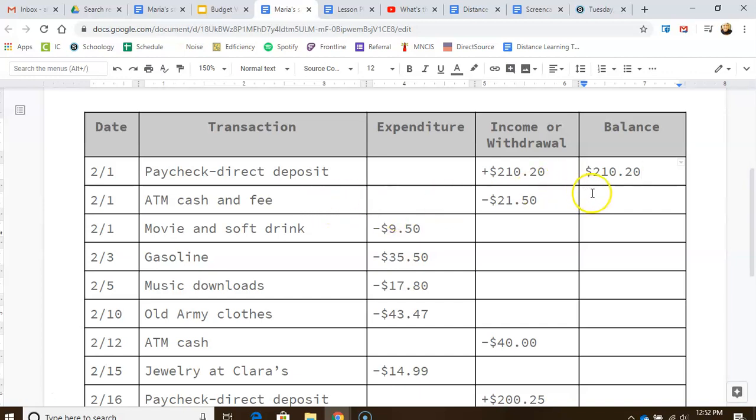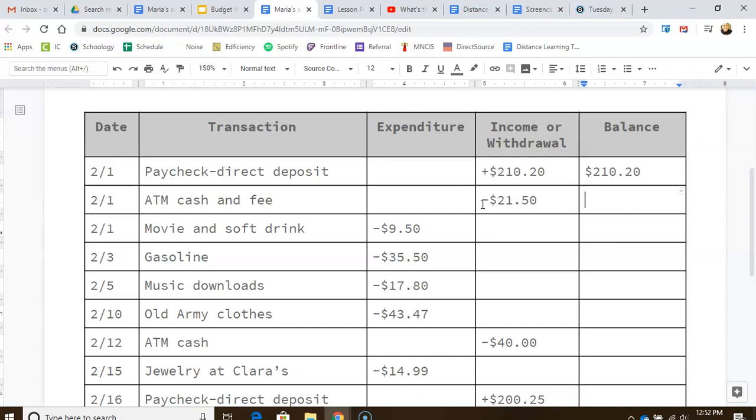But what we need to do is take $210.20, and then as it says right here, you are going to subtract $21.50. So if we get out our calculators, we put in 210.20 minus, I'm doing it on a calculator that you can't see, sorry.